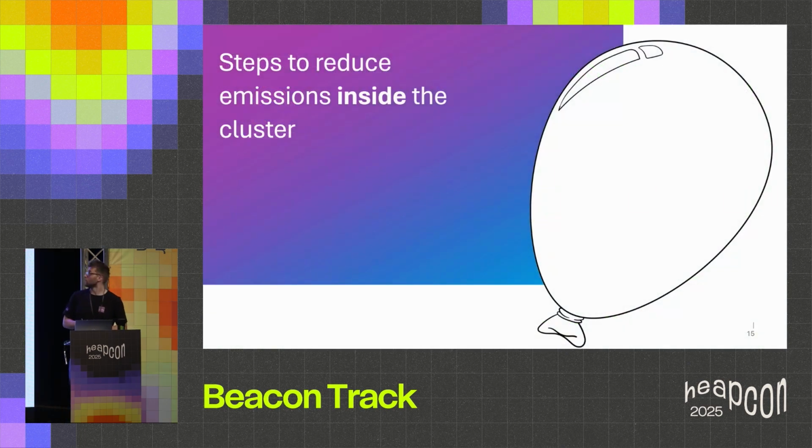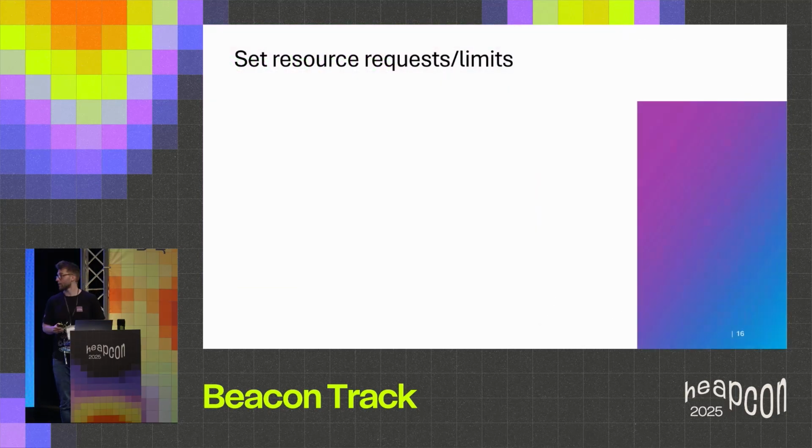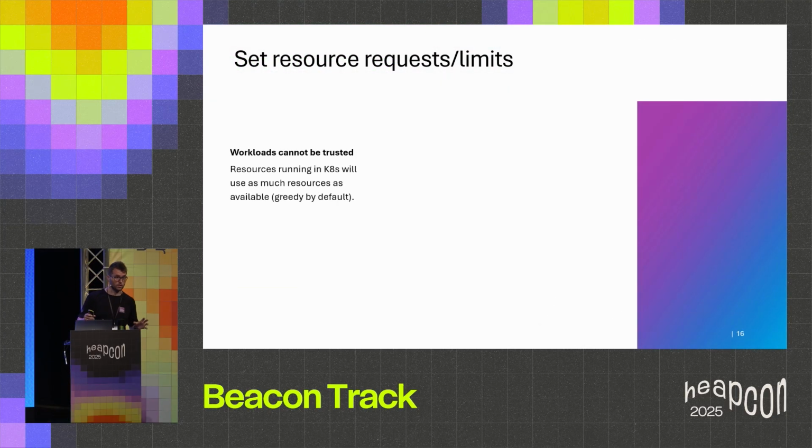So moving on, while we are all here talking about the steps to reduce emissions inside the cluster, we'll start with the most basic one: set resource requests and limits. Why? Because workloads run unprovisioned in the cluster. So by default, one pod can probably destroy the whole cluster if left unhandled.